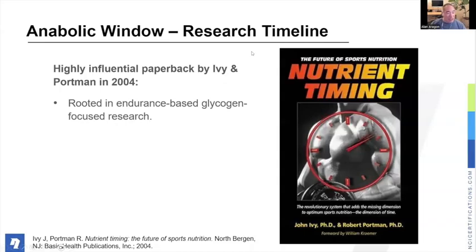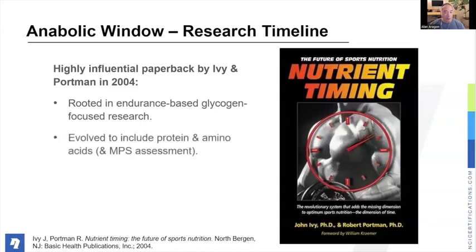But this concept kind of got superimposed with the goal of muscle growth, until the march of research spawned further acute studies examining the muscle protein synthesis response of post-exercise protein and/or carbohydrate that was co-ingested.